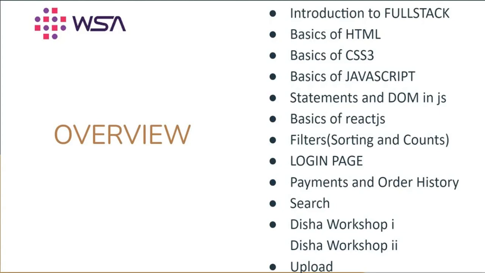After JavaScript, we also learned about statements and the DOM in JavaScript, which is helpful for creating the website. The DOM is nothing but the Document Object Model. So how a model is and how it works and the other things.